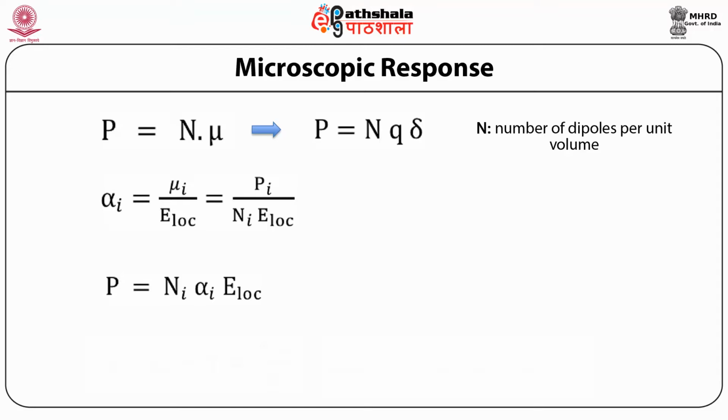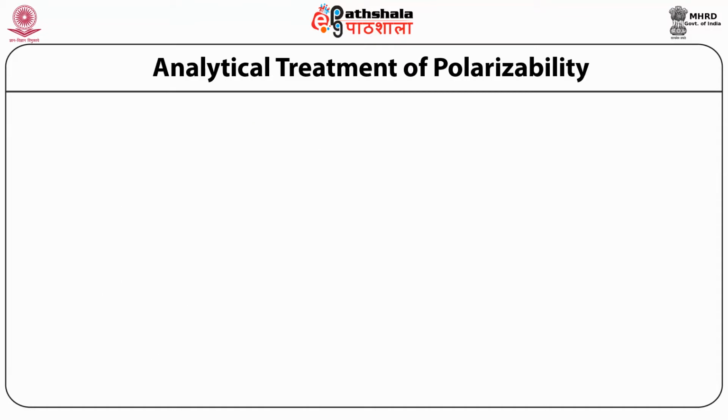As a result, in general, the susceptibility Xi is equal to epsilon r minus 1, which is equal to N alpha by epsilon naught, where alpha is the sum of all types of polarizabilities due to different mechanisms: alpha electronic, alpha ionic, alpha dipolar and alpha interface. Now let us analyze the polarizability.